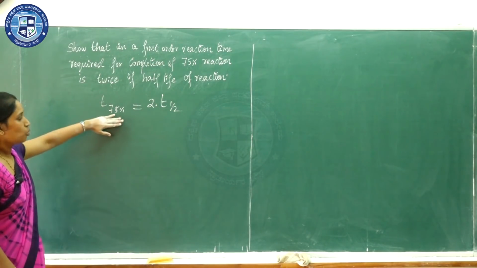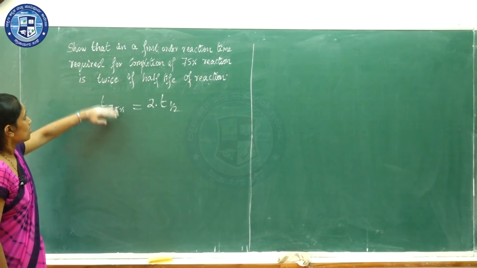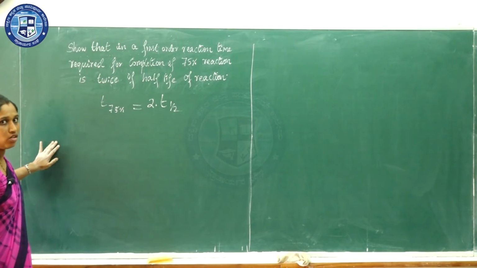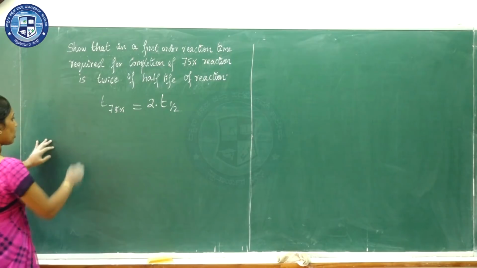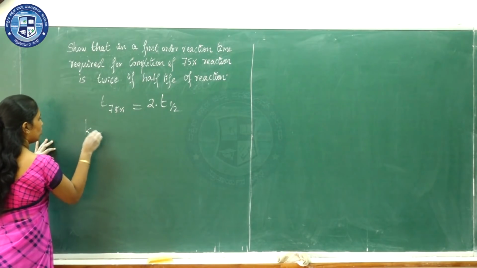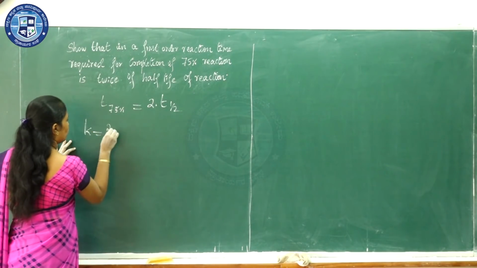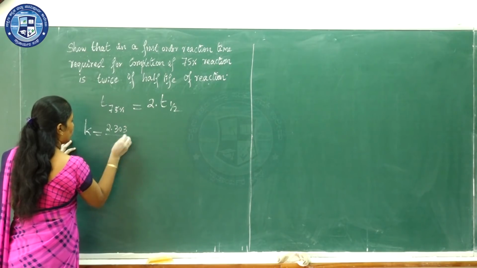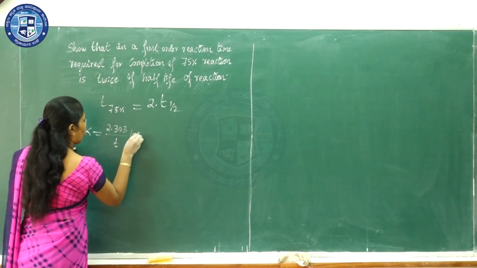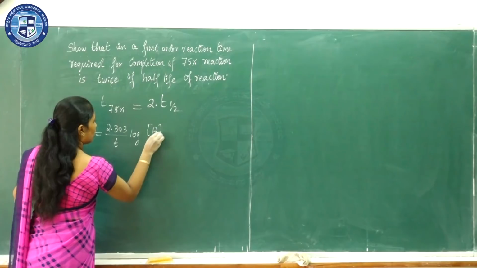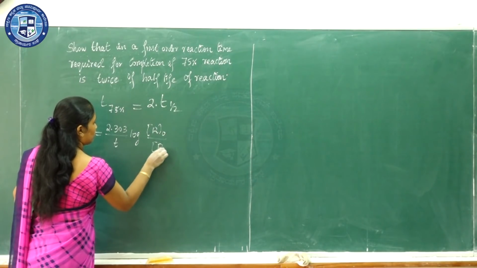So you have to show this. Since it is a first order reaction, we can start with the first order rate constant, that is K is equal to 2.303 divided by T log of R naught by R.